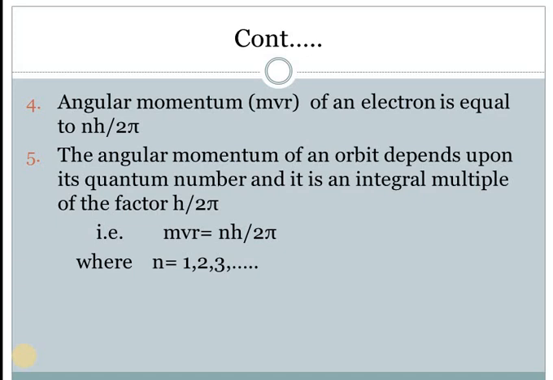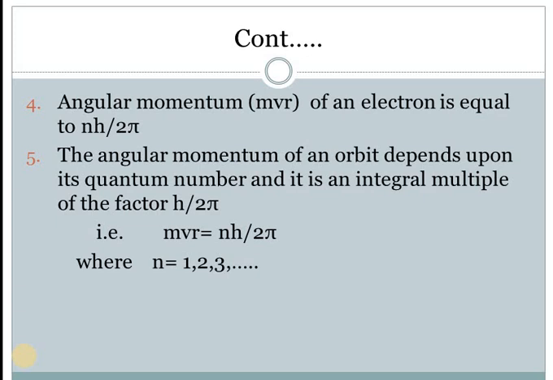Otherwise, if it moves with speed, it may go out of the orbit. But due to angular momentum, it is forced to stay within a certain region where the neutrons and the protons have the ability to attract the electrons.